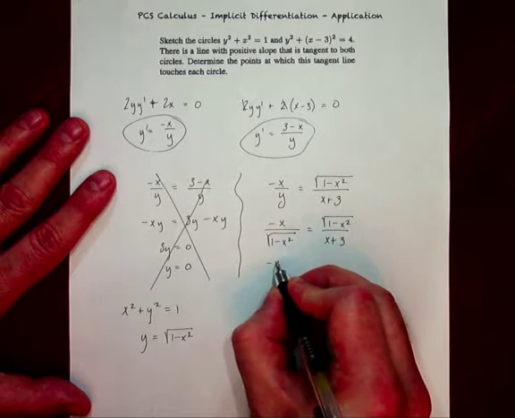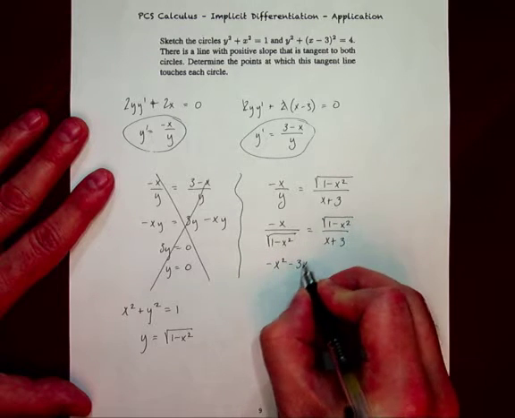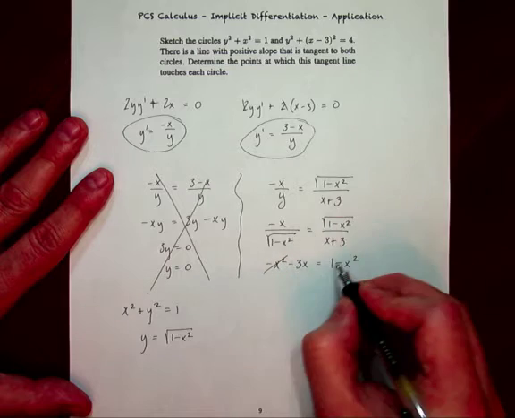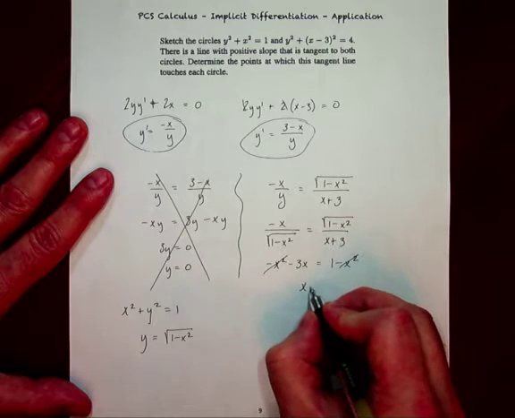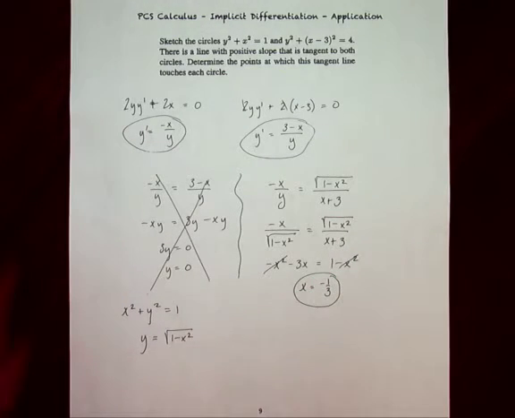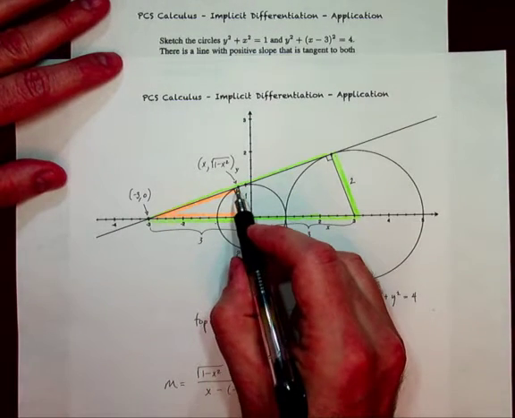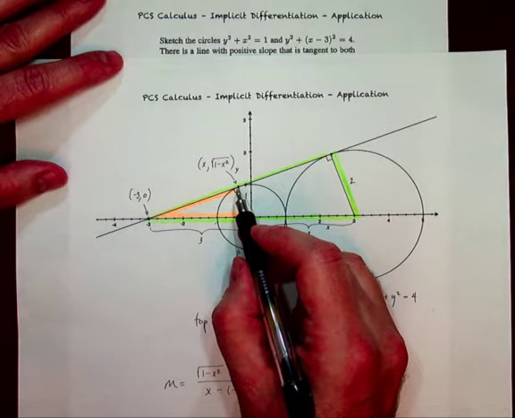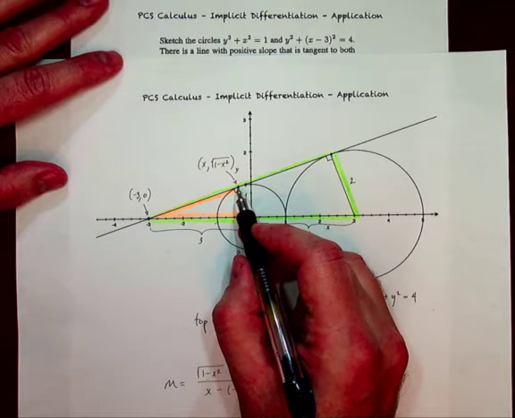I get -x squared minus 3x is equal to 1 minus x squared. The -x squareds go bye-bye, and x is equal to -1/3. All that is saying is this point right here has an x-coordinate of -1/3.